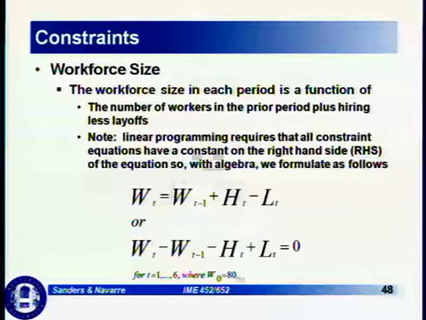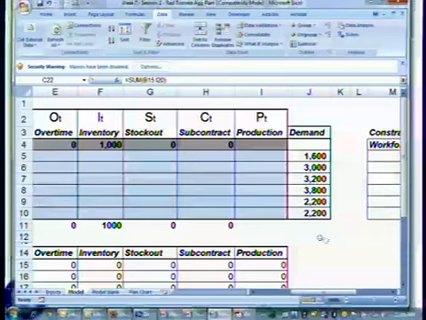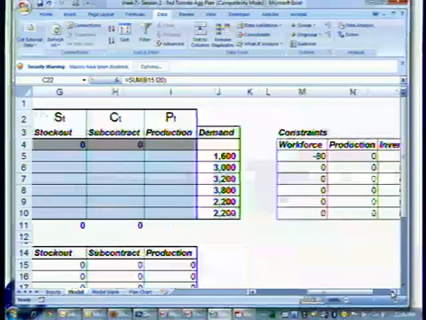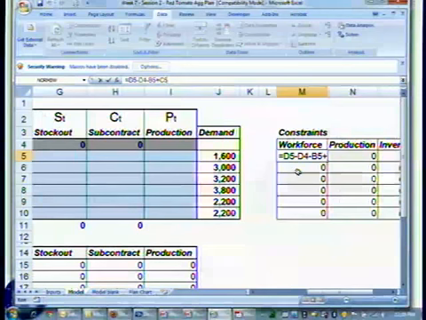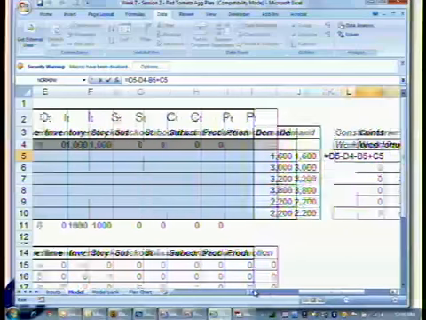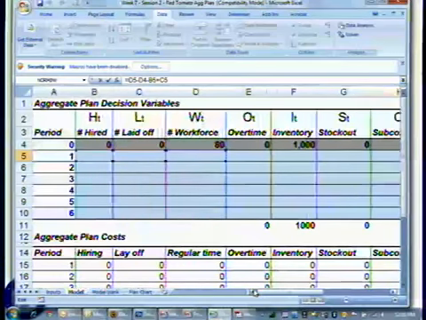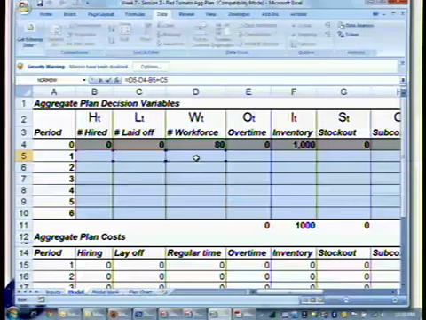So let me go back and describe the workforce size constraint in the model. You can see here, simple calculation, not unlike an inventory calculation. D5 is the workforce minus the D4, which is the workforce in the prior period.